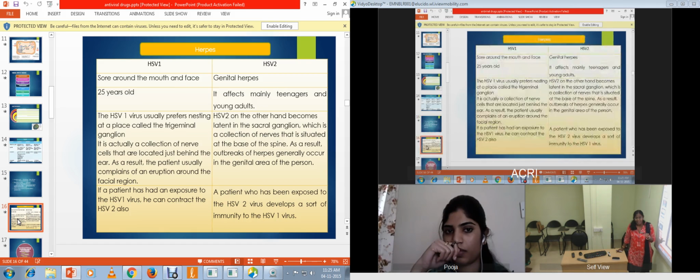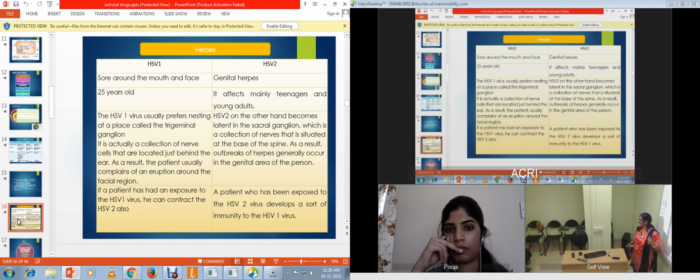As I told you, herpes virus also has two types, herpes simplex virus 1 and herpes simplex virus 2. Herpes simplex virus 1 affects your facial region. It is present in the trigeminal nerve, behind your ear. HSV2 is present in the sacral ganglion, at the lower part of your spine. That is why it affects your genitals, while the other affects your facial region.